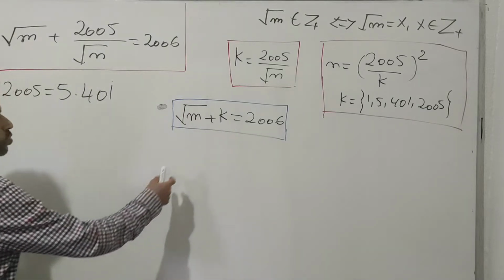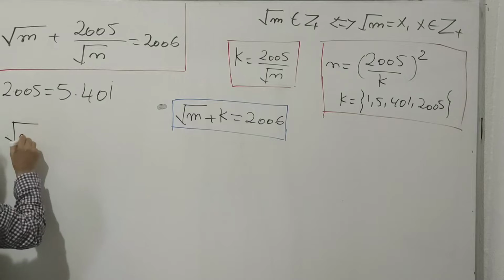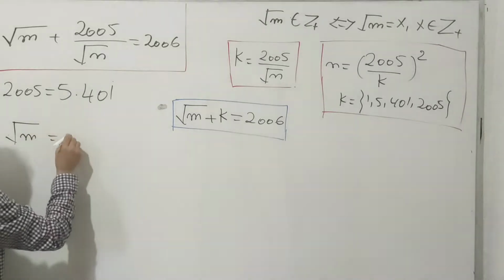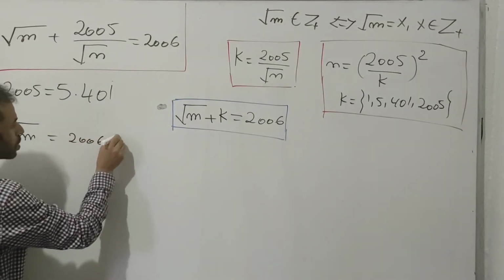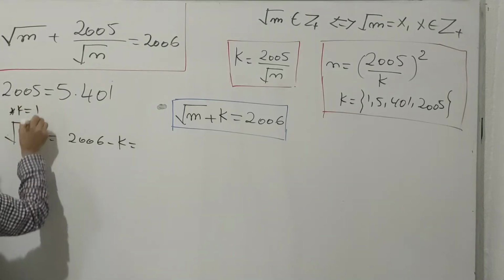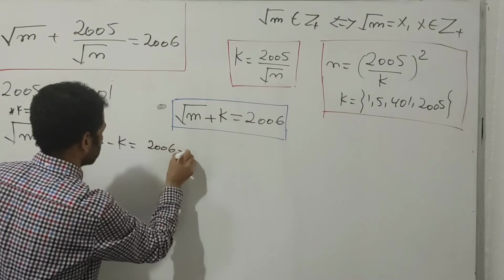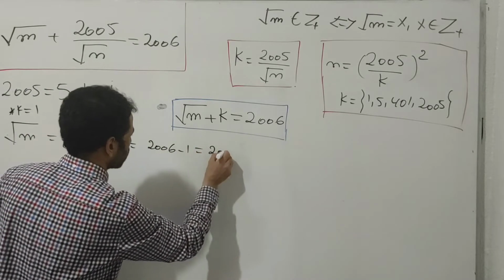I'm going to start with k equals 1. So I have square root of m equals 2006 minus k, which gives 2006 minus 1, which is 2005.